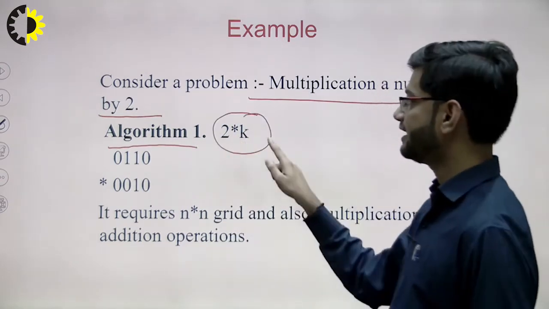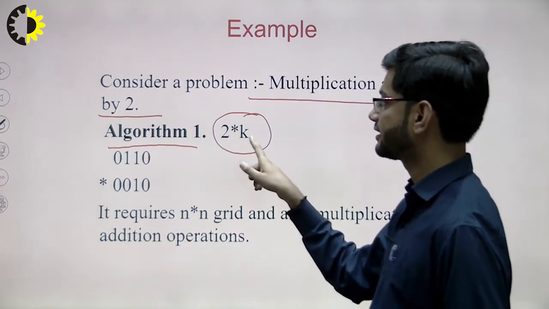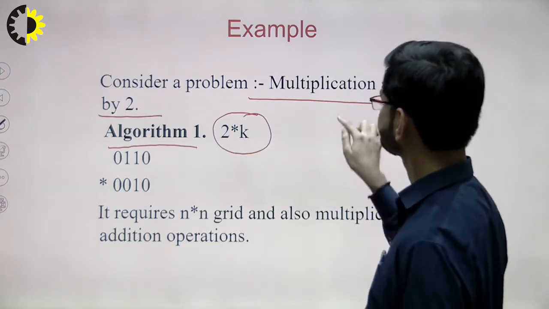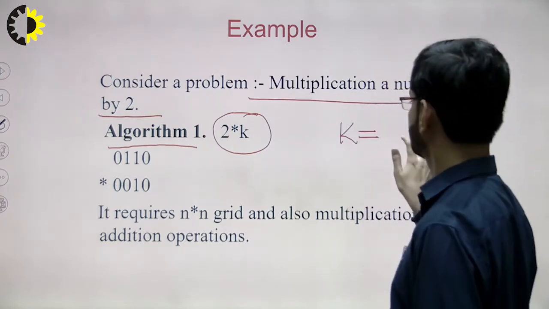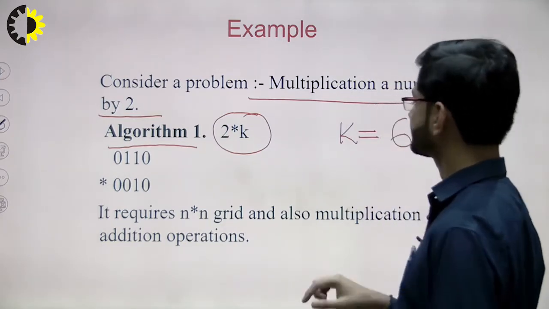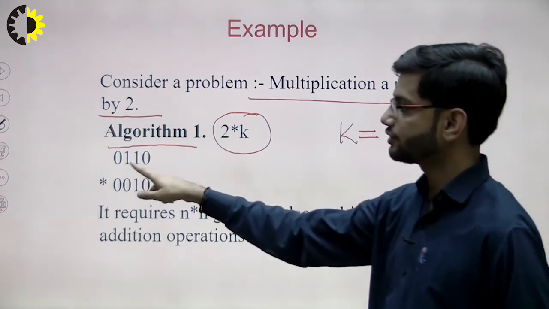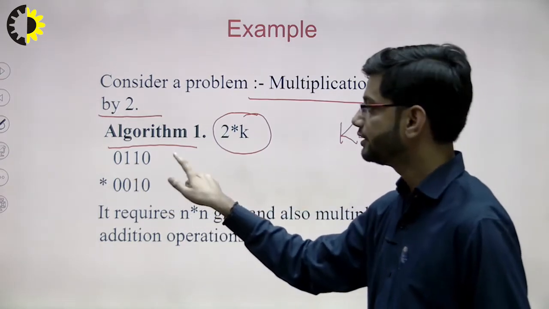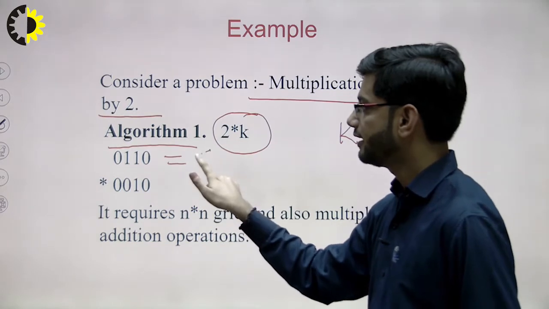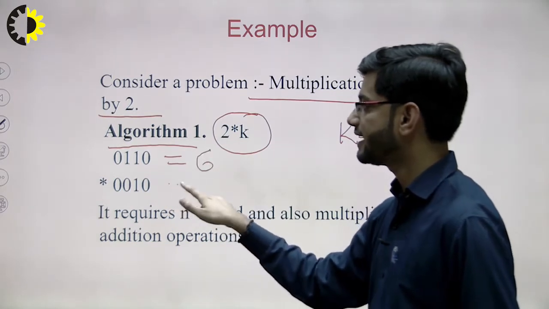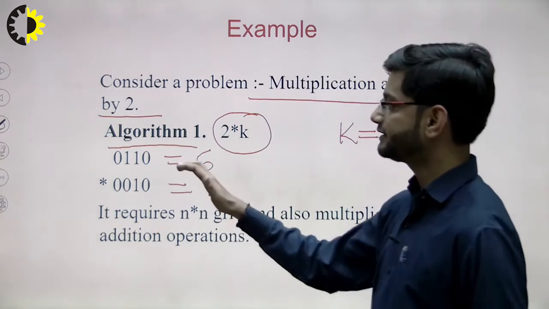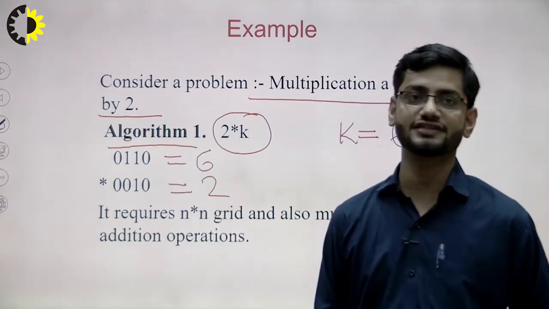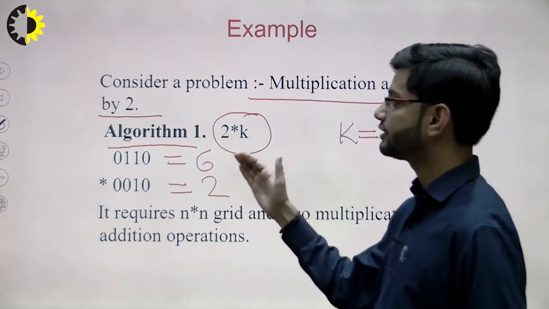For example, if I take the k value as 6, the k value is 6, and the binary representation of 6 is 0 1 1 0. So I am multiplying 6 by 2. This is the very first approach for multiplying a number.